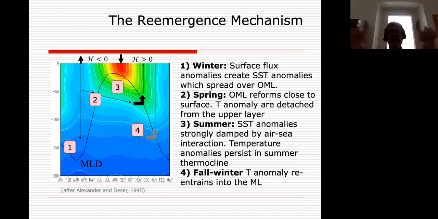And this well-formed mixed layer prevents the exchanges of heat with the rest of the surface layer.